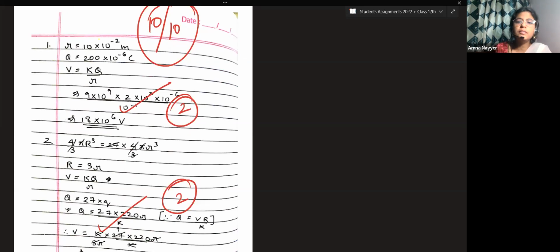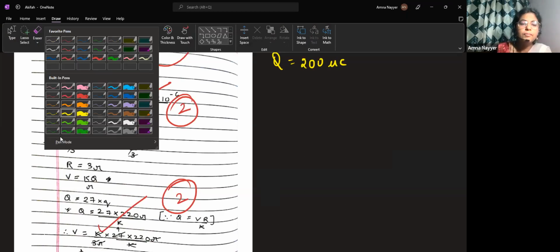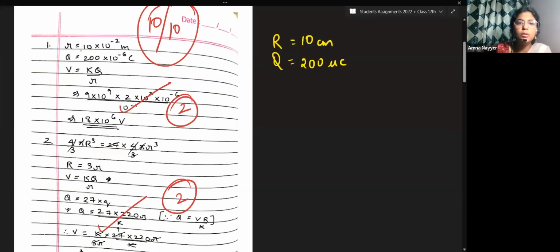In the first question that was given, you were given the radius of the circle, 10 centimeters, and the charge as 200 microcoulomb. So convert it. After conversion, the radius is 10 into 10 to the power minus 2 and the charge is 200 into 10 to the power minus 6.